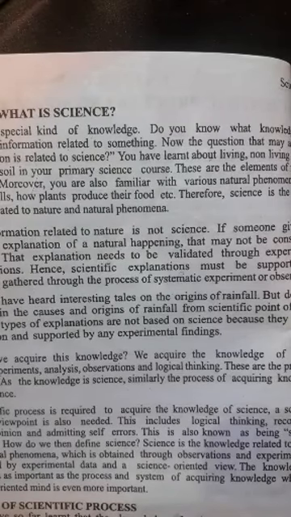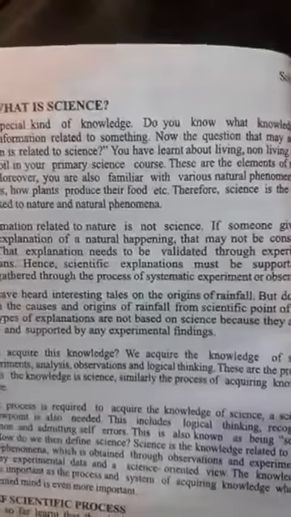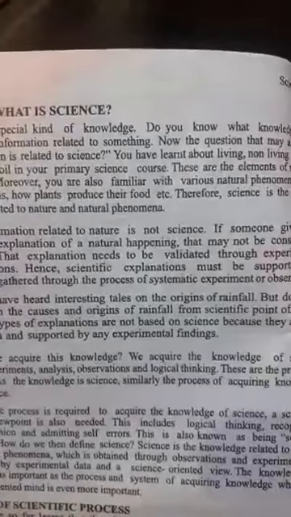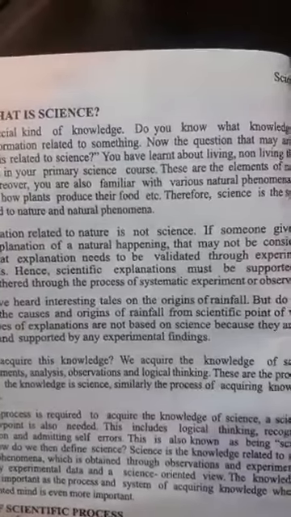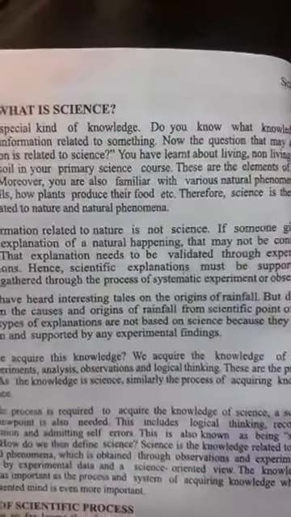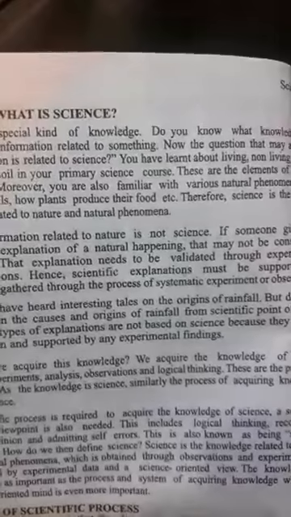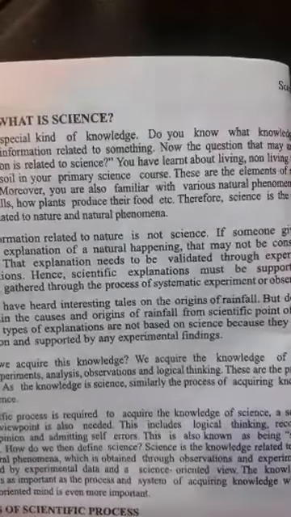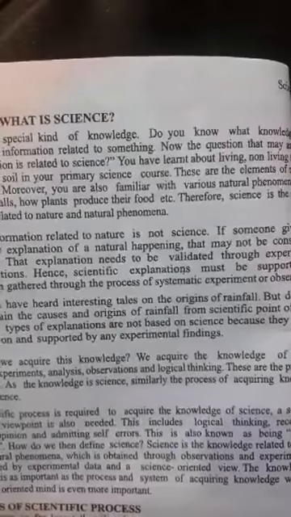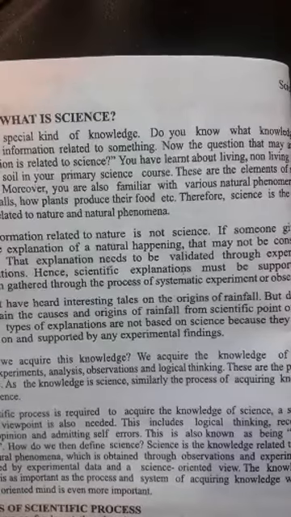You must see according to scientific view. The knowledge of science is as important as the process and the system of acquiring knowledge, whereas a science-oriented mind is even more important. So this is about science.